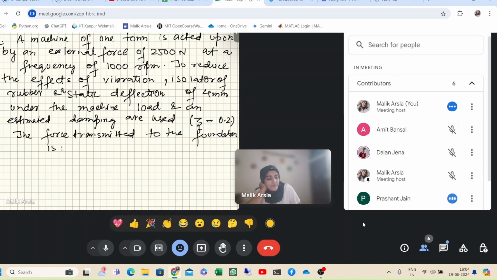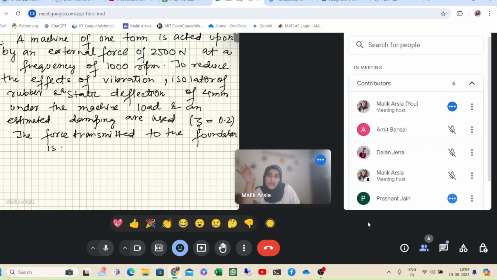First, we need to calculate K, that is mg divided by delta. Static deflection is given, so mg divided by delta, we can get the value of K. Then omega can be obtained, 2 pi N by 60. Then you put it in that formula.